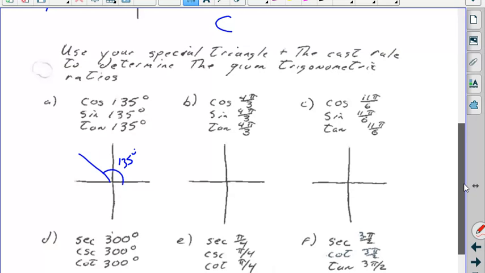Yes? So our reference angle is 45 degrees. So I'm going to go to my 45, 45, 90 triangle. Cosine is adjacent over hypotenuse, so we're going to go square root 2 over 2. And then I'm going to ask myself, what is cosine in quadrant number 2? Positive or negative?